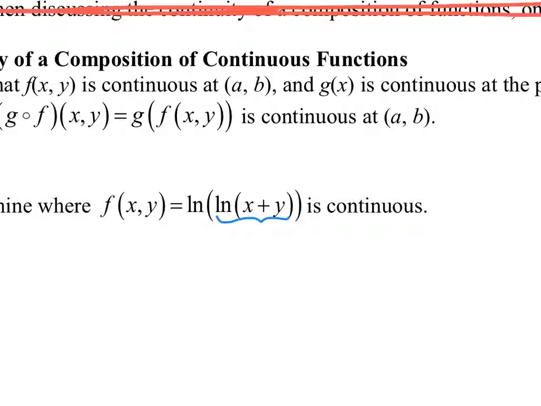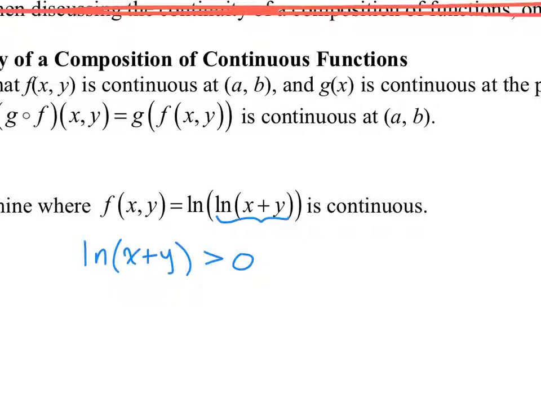So ln of x plus y itself, that whole shebang, has to be greater than 0, because you can't take the log of a negative number, and you can't take log of 0.